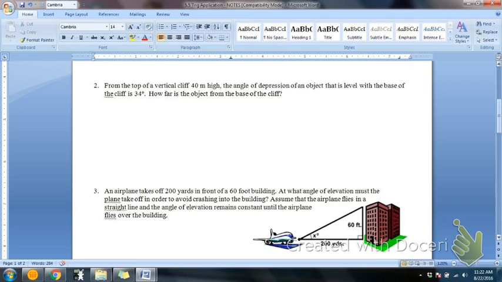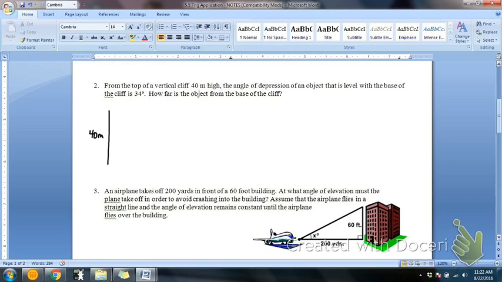From the top of a vertical cliff 40 meters high. Okay, so I'm going to draw a cliff. This is 40 meters. The angle of depression, which we haven't talked about yet, of an object that is level with the base of the cliff is 34.